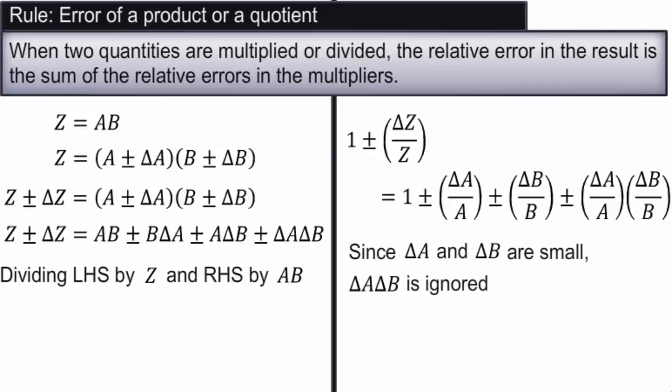Hence, the maximum relative error delta Z by Z is equal to delta A by A plus delta B by B. This holds true for division as well.